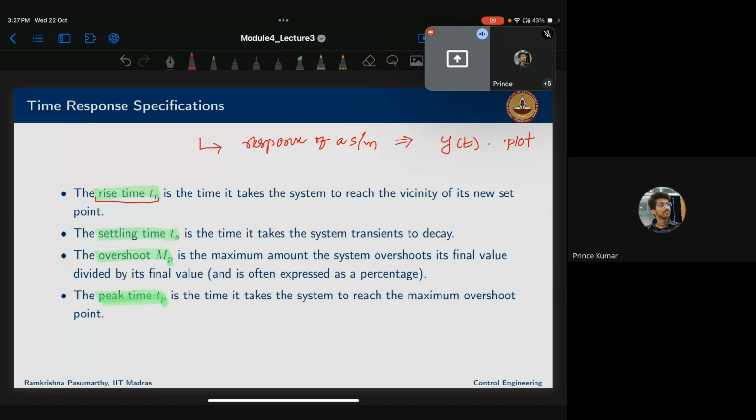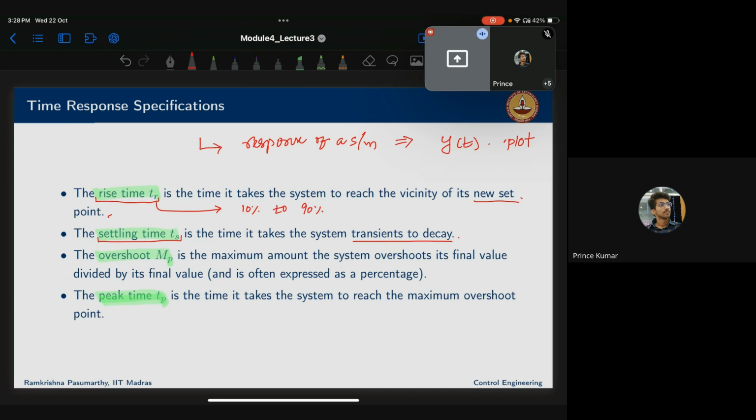Okay, so let us see the first definition, rise time: the time it takes to reach the vicinity of the new set point. Generally, rise time is the time taken for the response to go from 10% to 90%, where 90% is very close to the new set point. Settling time is the time it takes for the system transients to decay, meaning when it gets settled.